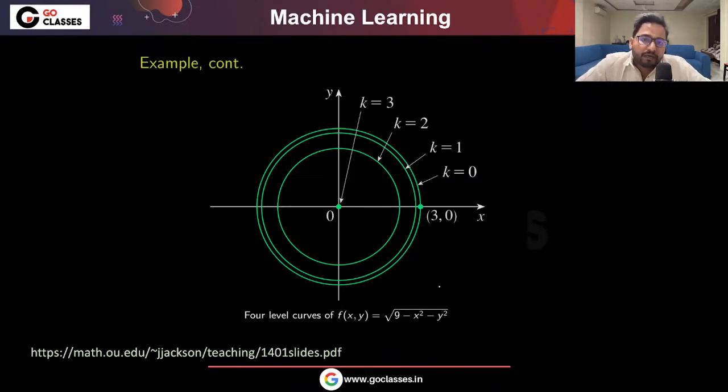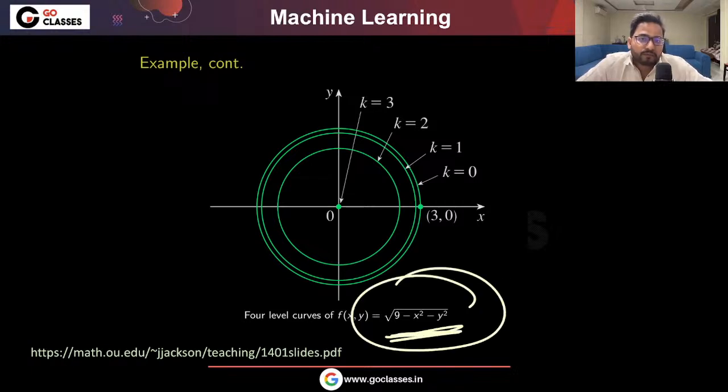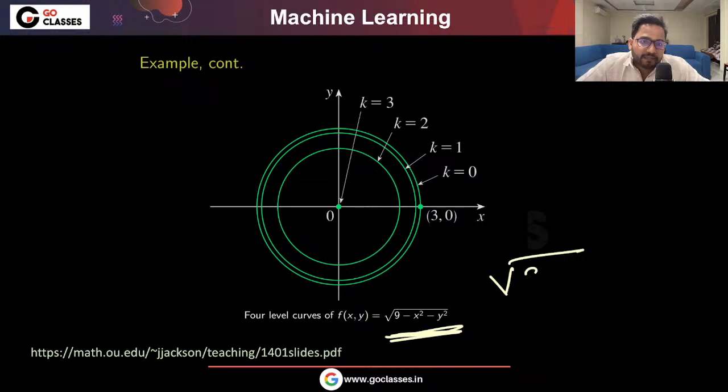If you're making the contours, suppose this is 9 minus x square minus y square, and you put it equal to k. Now for k equal to 0, you will be getting x square plus y square equal to 9. So probably you will be getting something like this.